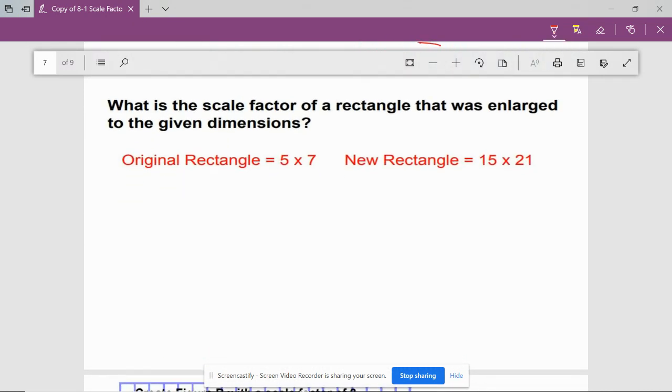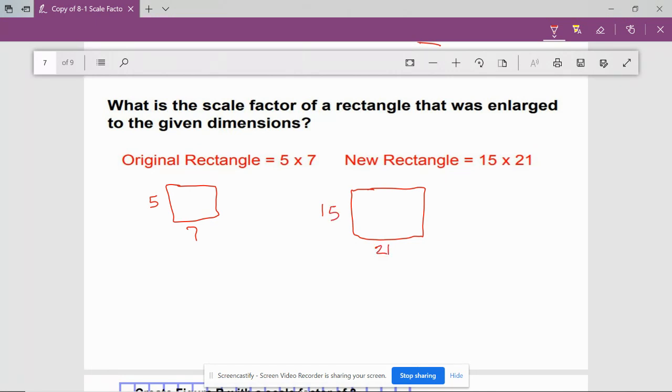So what is the scale factor of a rectangle that was enlarged to be given the dimensions? Go ahead and draw it out. Let's say our original rectangle is 5 by 7. Our new rectangle can be a little bit bigger, 15 by 21.